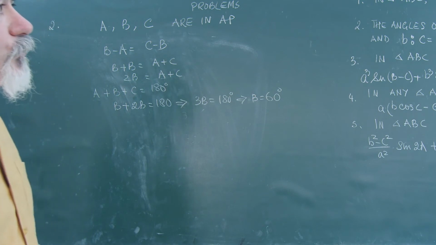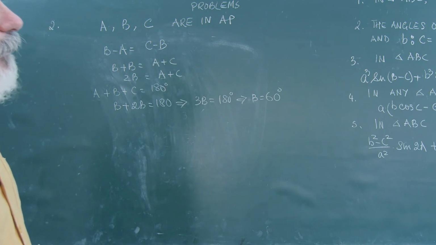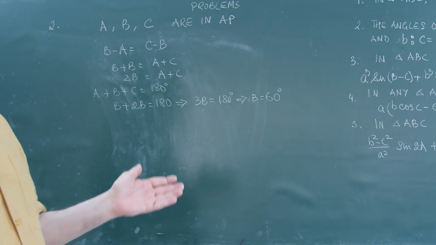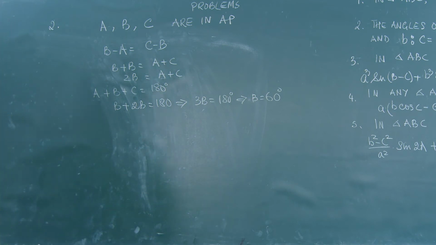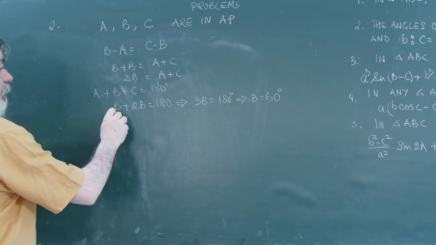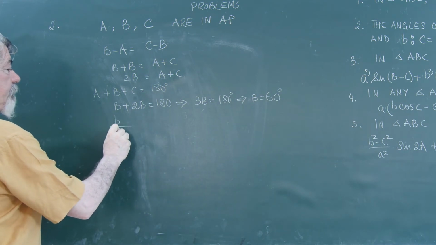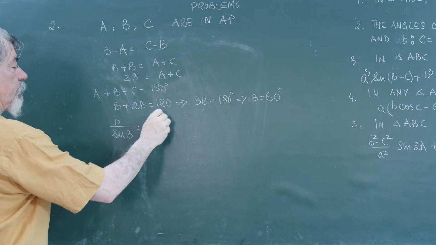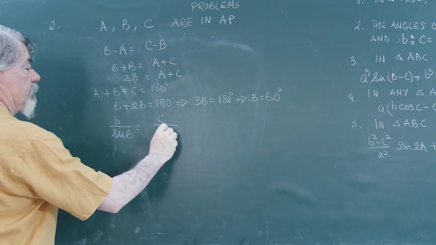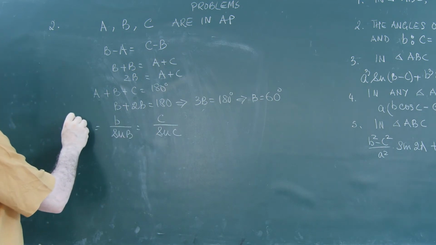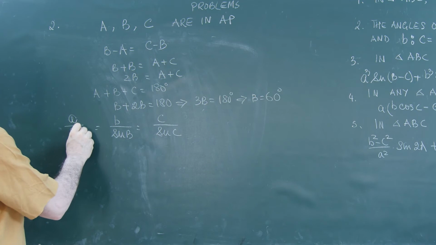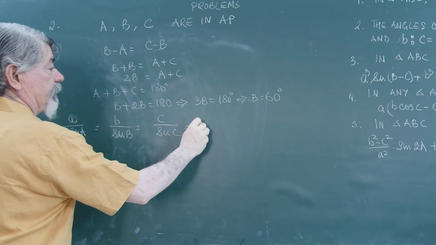Now the ratio between b and c is given. So again I will say b upon sin B is equal to c upon sin C, is equal to k.